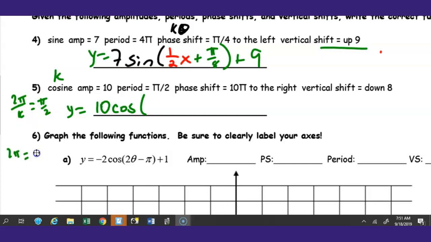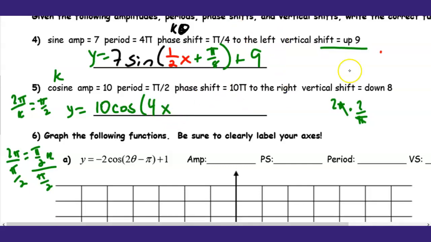You have 2 pi equals pi over 2 k, but I want k by itself, so I'm going to divide by pi over 2 on both sides. And since I have a whole number over a fraction, I'm going to do keep, change, flip. So 2 pi times, I changed it and flipped it, right? See that? So the pi's cancel, and I'm left with 4. So 4x, like that.